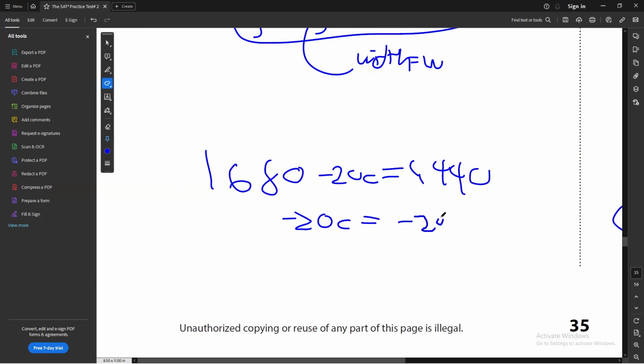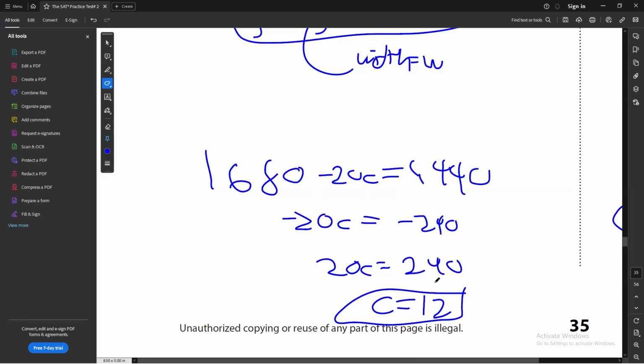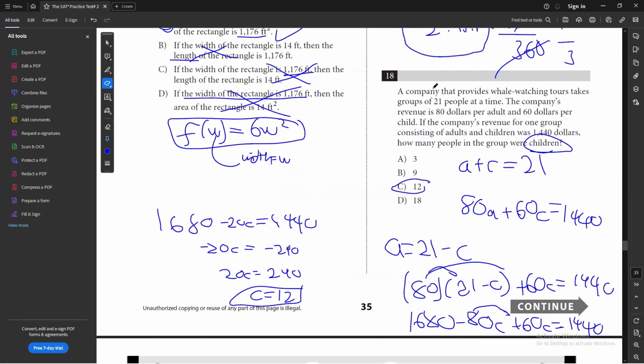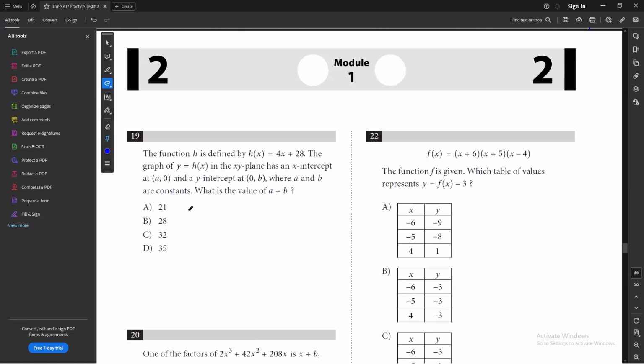It's going to be negative 240. Because I subtracted this number from both sides, I did the opposite and multiplied by negative 1. So 20C is equal to 240. C is equal to 12. So there are 12 children in this group.